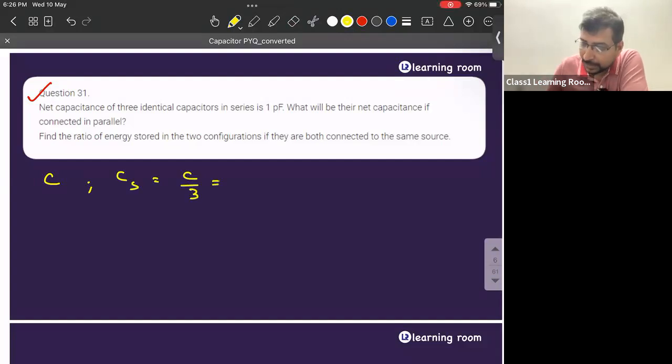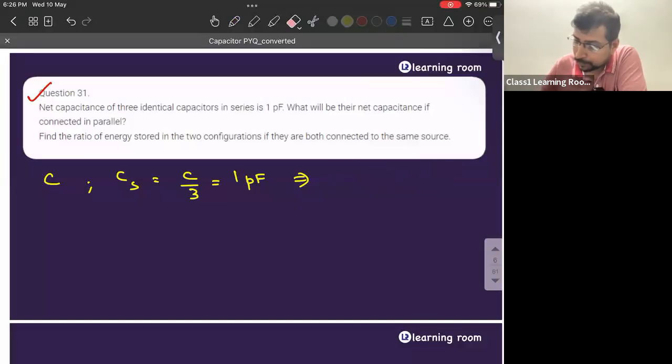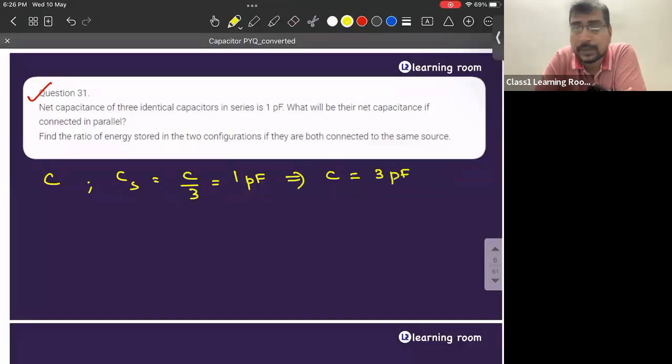So C divided by 3, according to the question, is 1 picofarad, which implies C is equal to 3 picofarad.